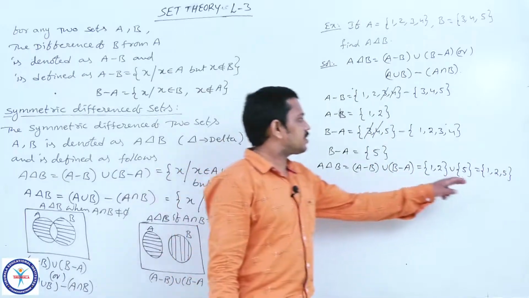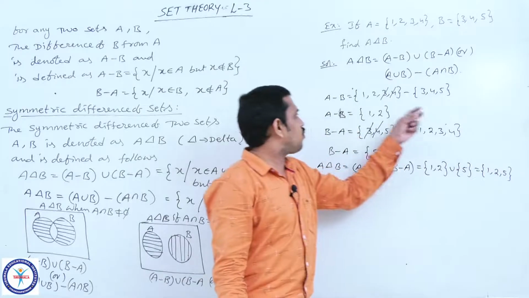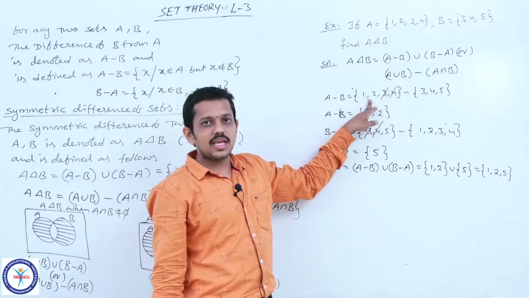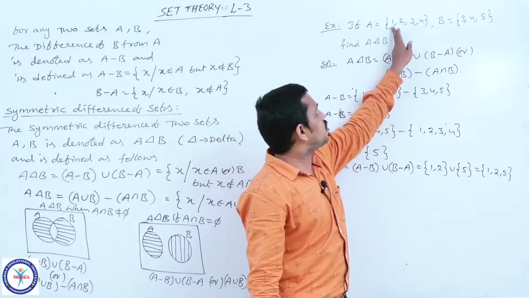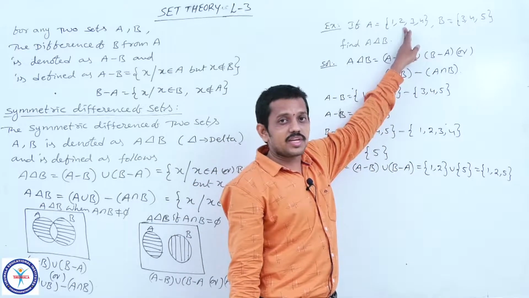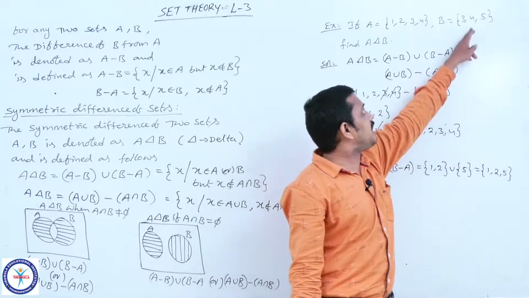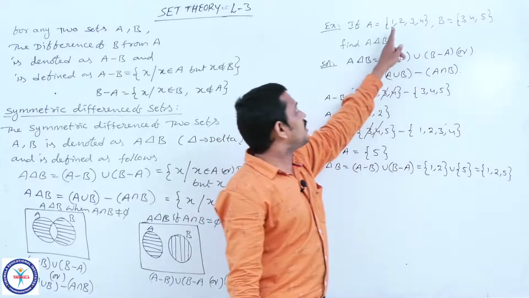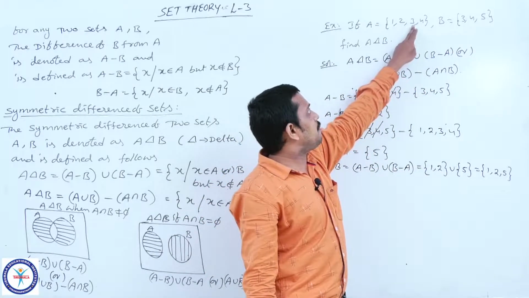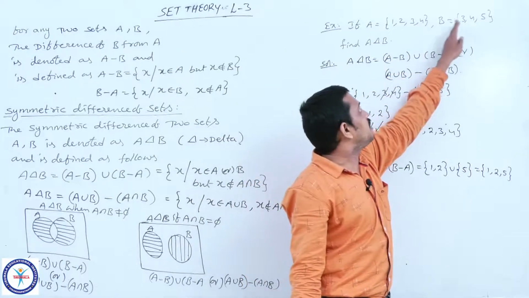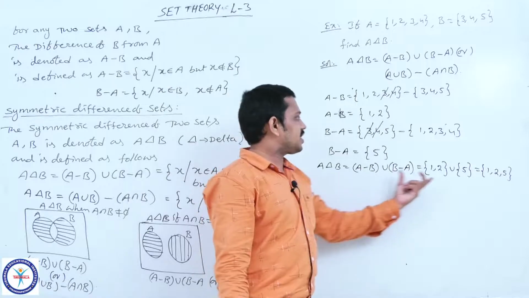Here 1, 2 are only elements of set A but not elements of set B, and 5 is only an element of set B but not an element of set A. Here we exclude the elements which are common in both A and B, which are 3 and 4. So this is the resultant value.